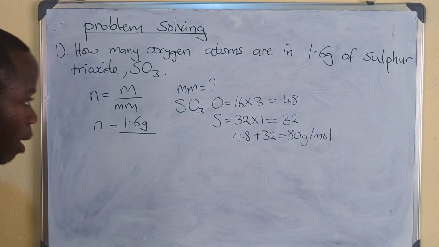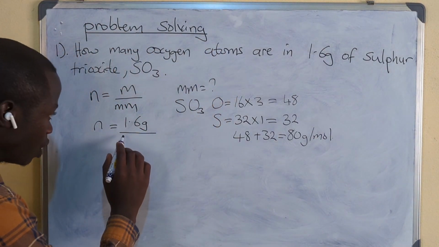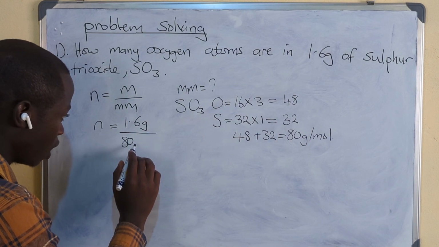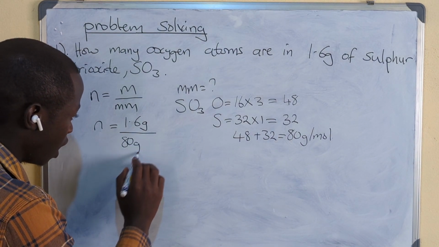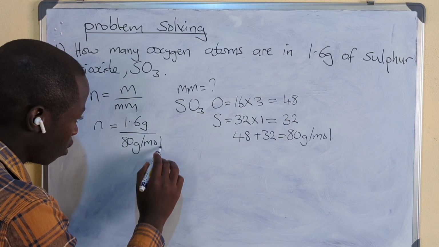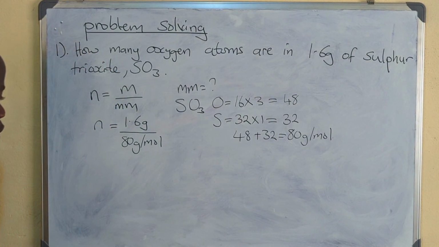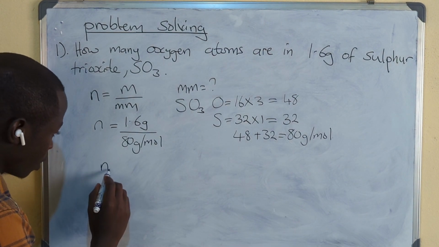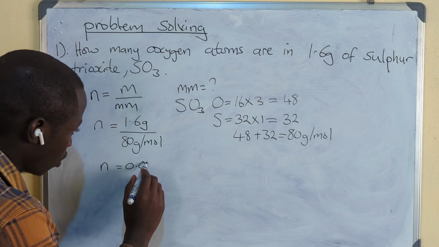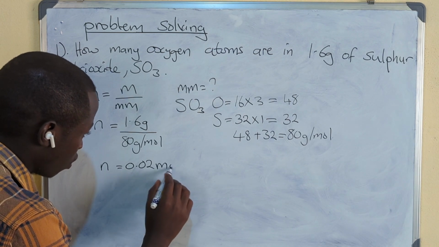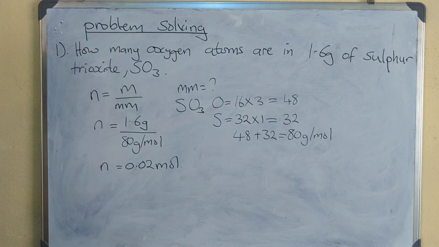So this is our molar mass for sulfur trioxide, which is 80 grams per mole. Punch this on a calculator, we have 0.02. So the number of moles is equal to 0.02 mole. This is the number of moles of sulfur trioxide.